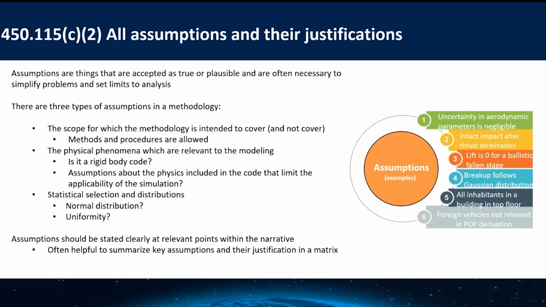Third, assumptions about the physics included in the code that limit the applicability of the simulation. An example is the assumption of a lump mass, for instance, of a debris fragment, which is acceptable in cases when the vehicle is not designed to withstand high loading and has readily demised materials, but not suitable for complex or high mass structures.